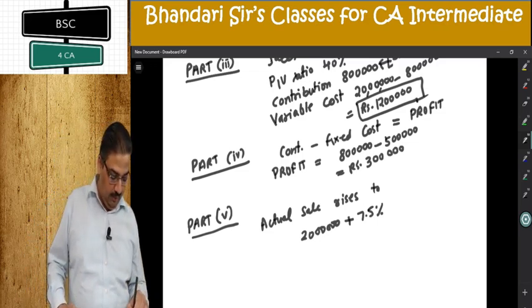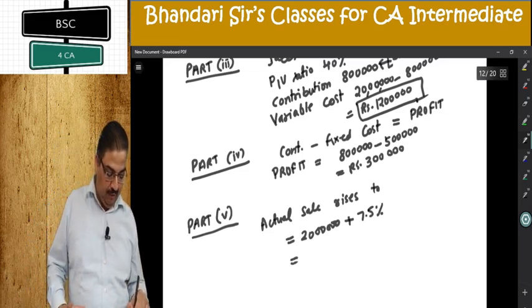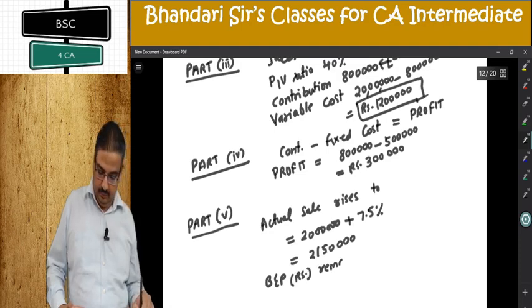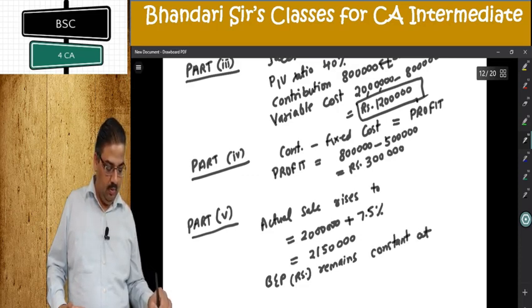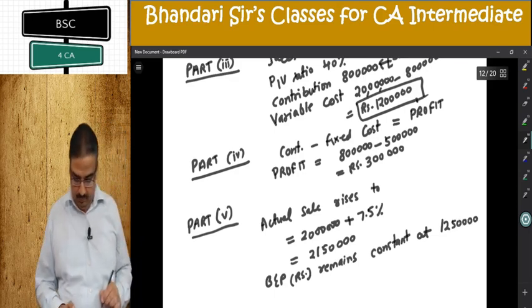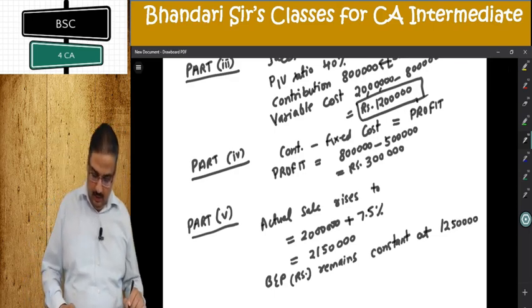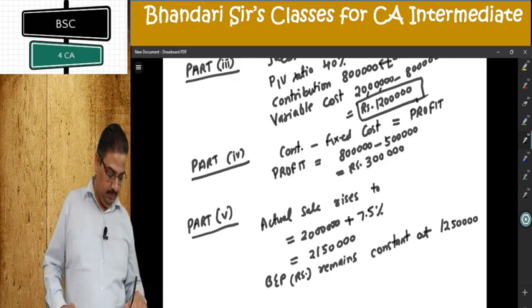It is 21 lakh 50,000. Break-even point in rupees remains constant at 12 lakh 50,000.